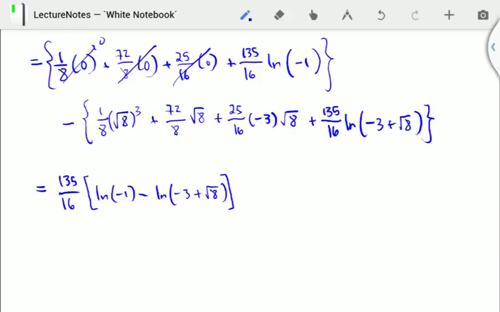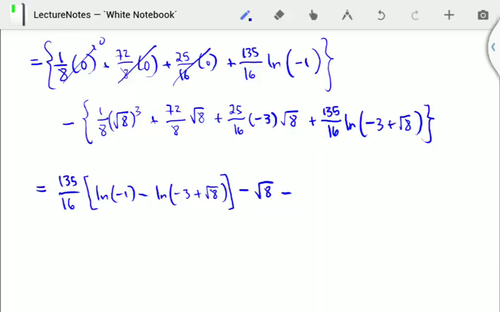Okay, so that's basically this one and this one. I just factor out the 135 over 16. And then you have minus that term, cube of square root of 8 over 8. That's just square root of 8, right? Because if you think about it, the denominator 8, you can write that as square root of 8 squared. So the cube and the 2 will cancel. It will leave you with a square root of 8 term.